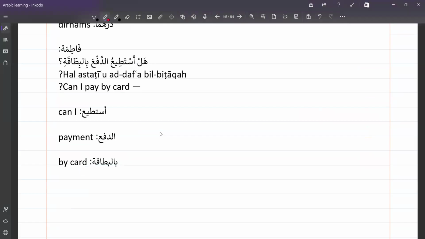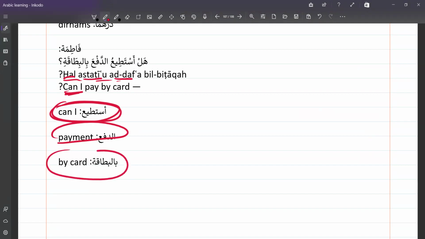And Fatima says, هل أستطيع الدفع بالبطاقة؟ Meaning, هل means can, again used for asking questions. أستطيع means can I? الدفع means payment. بالبطاقة: bitaqa means card, and when we add the prefix bi with it, it means with card or by card.